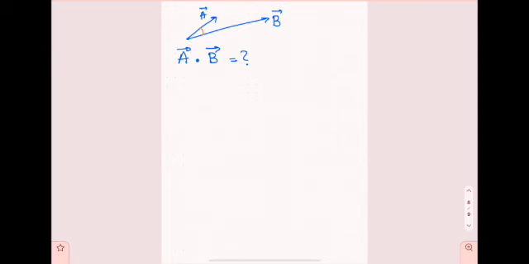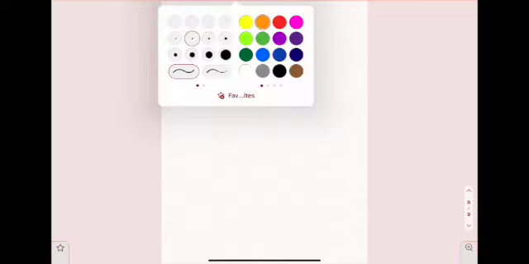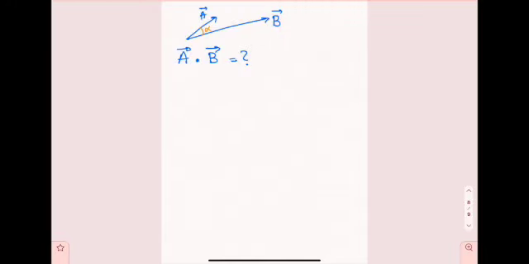Let's call it alpha. And from mathematics, we can already say that A dot product B should be the magnitude of A, the magnitude of B, times the cosine of the angle that these two vectors make with each other.